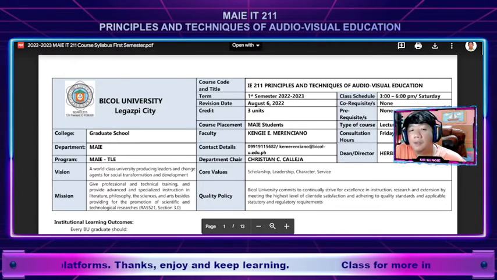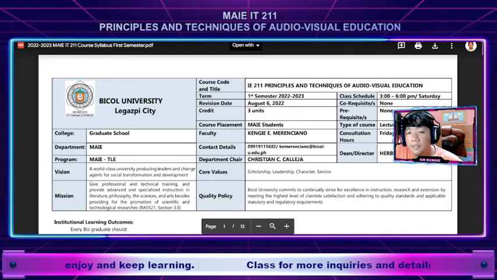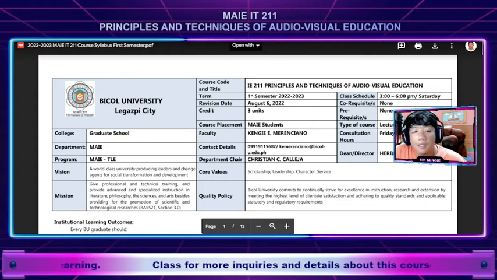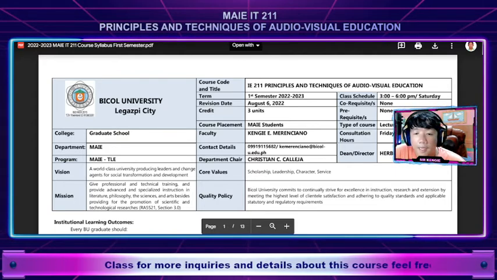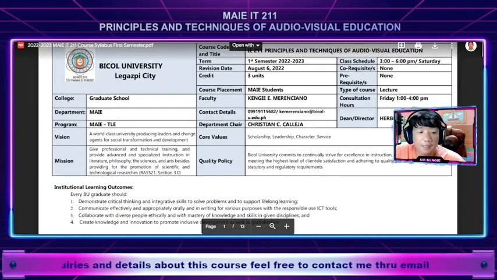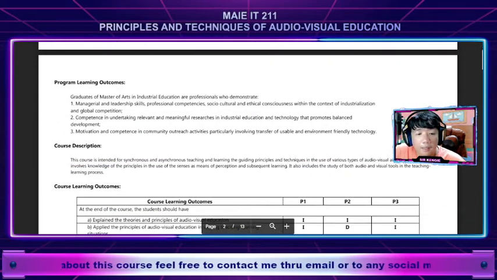Ma'am Serene, your course facilitator or the faculty in charge is Kenji E. Merenciano. That is my name. And our program advisor or the department chair is Sir Christian C. Calleja.